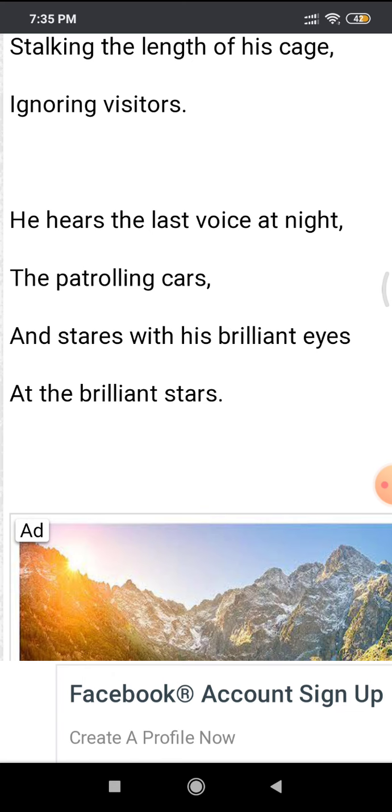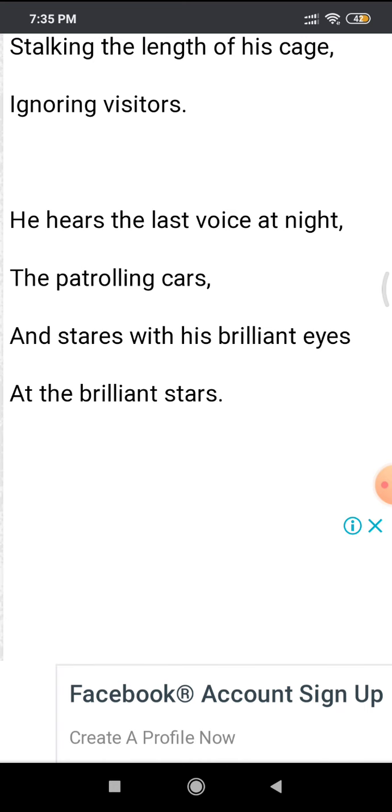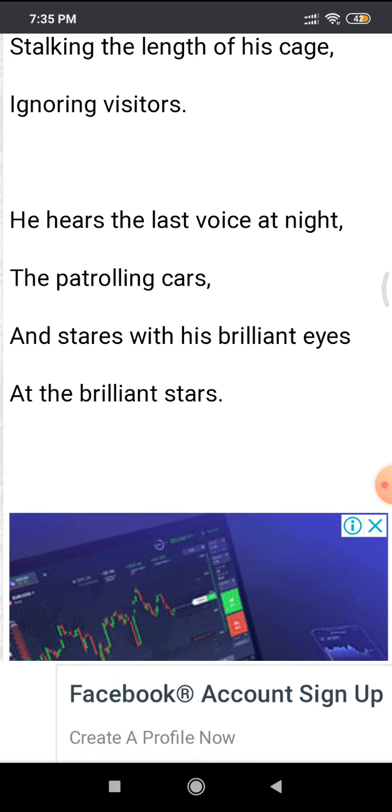Patrolling means those who take rounds in the jungle to have a regular check, okay, whether the animals are safe or not. So because of that patrolling car, the tiger is unable to sleep at night too. Got it? So the tiger has thus lost all his hope and feels very helpless.